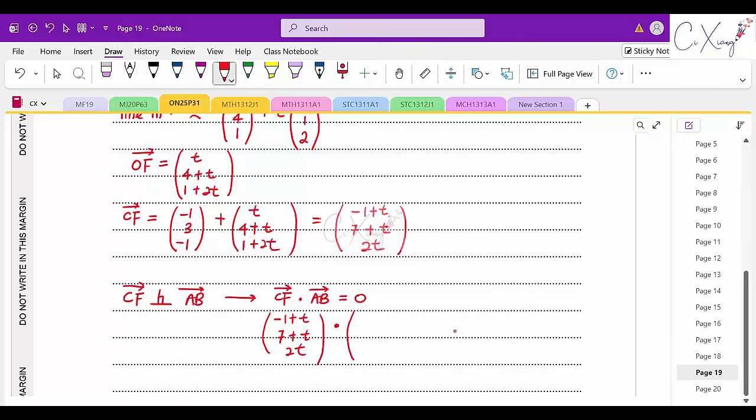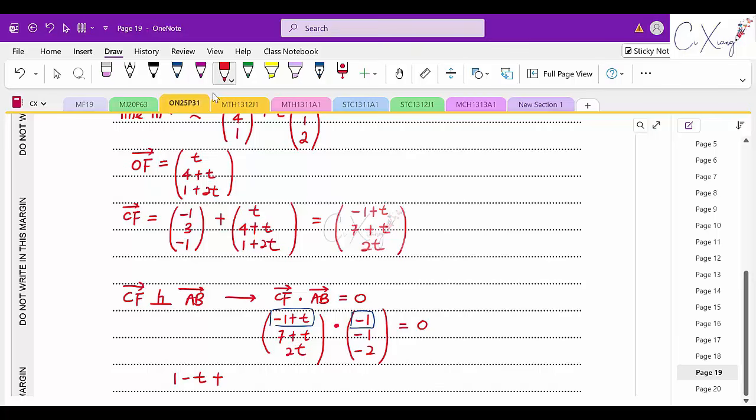What's my AB just now? I found it out in the first part: -1, -1, and also -2. Then we let it equal to 0. So try to substitute it into the equation. Dot product means that you are taking x multiplied with the x. So what do I have here? I'm having 1 minus t.